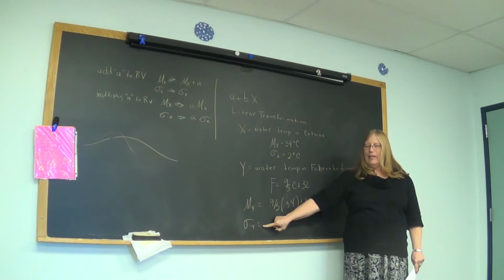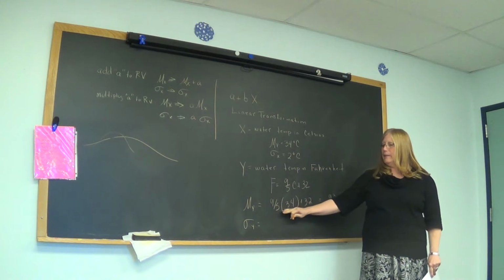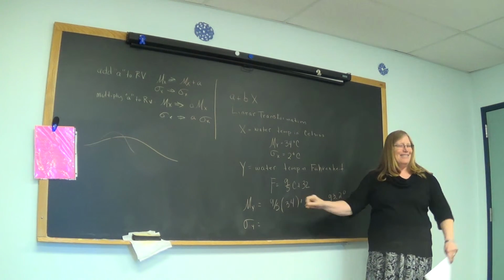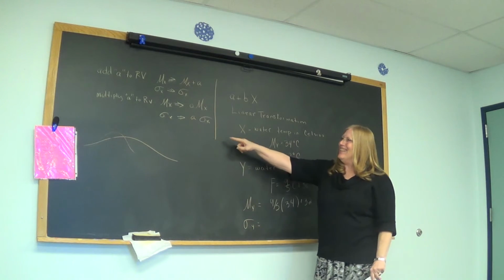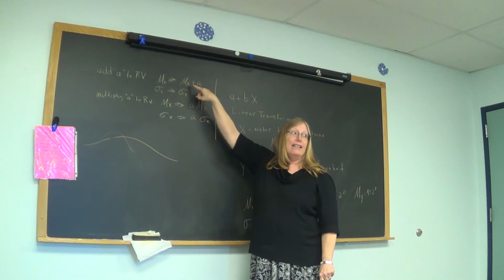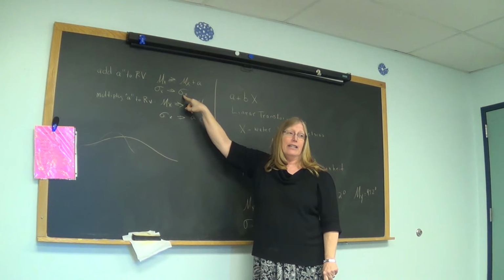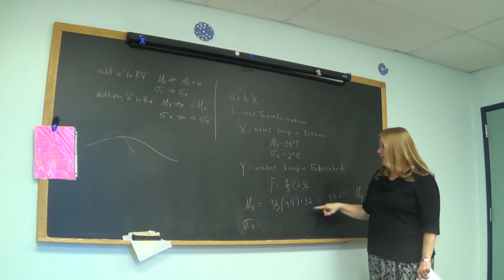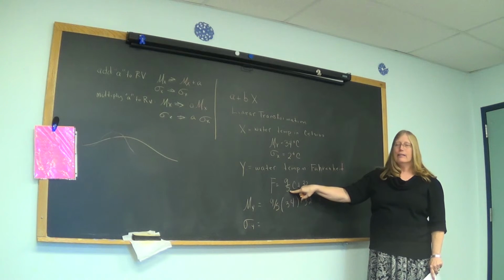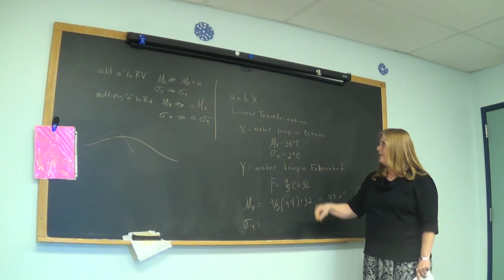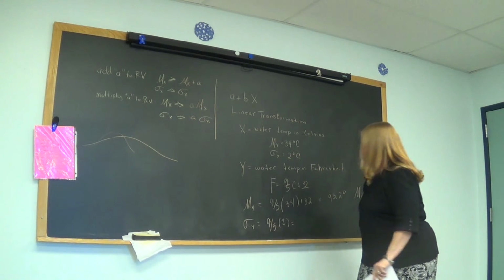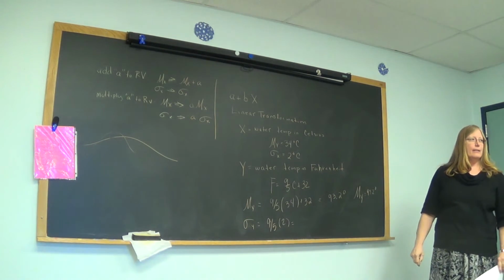Is the standard deviation going to be calculated similarly? Are we just going to take the 2 and put it in the formula? You're not going to add the 32, but you are going to multiply. Very good. Remember, when you add, it does not affect the standard deviation. So when we added the 32, that's not going to affect anything, but the 9/5 is. So Julia, what do you get when you do 9/5 times 2? 3.6.